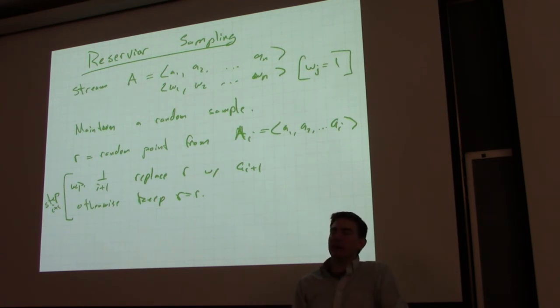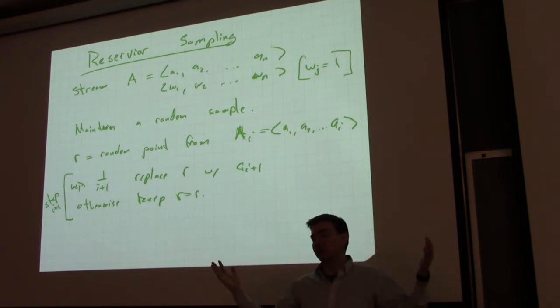And that means every time after that, 10% of the time you threw that item away, even if you did keep it the first time. So the probability of keeping it goes down to 0 exponentially. So if you want to bias towards more recent things in the stream, then this is a common thing to do. But if you want to have it uniform over everything you've seen because you think they're all equally important, then this is the right way of doing it.